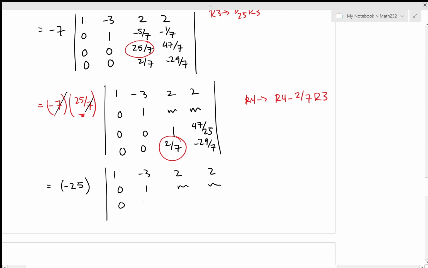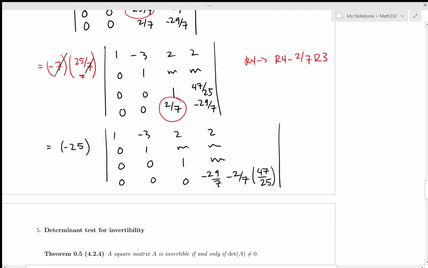Then there's this 0, 0, 1, and there's something here, and then I've got 0, 0, 0, and here I've got minus 29/7 minus 2/7 times 4/7 over 25. Okay, we're basically done. So now I've got this thing with the Gaussian elimination. I have row reduced my matrix to upper triangular.